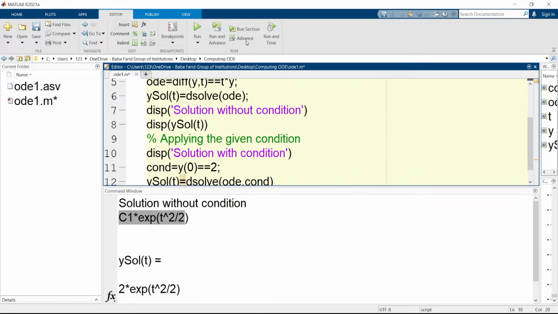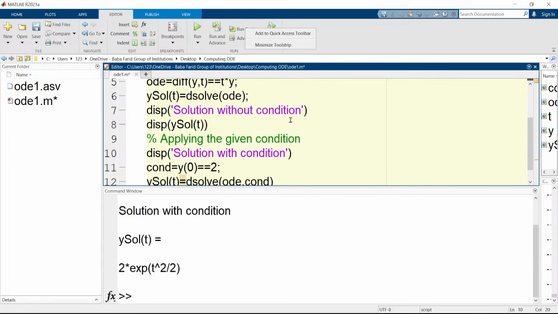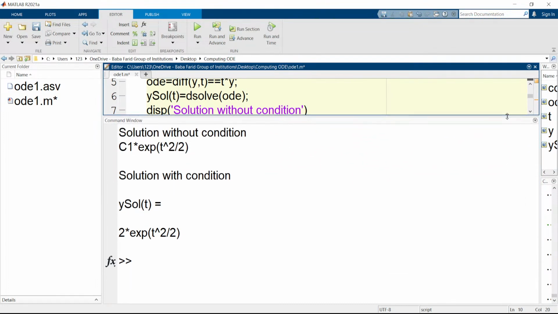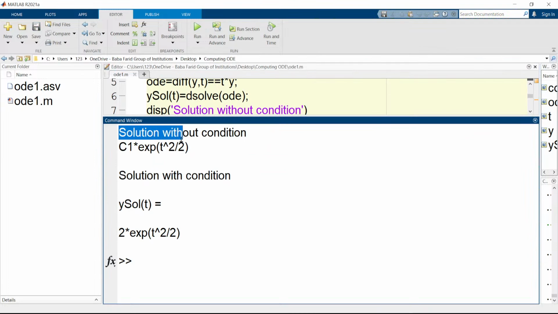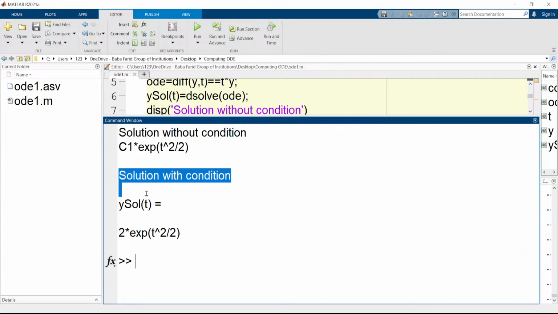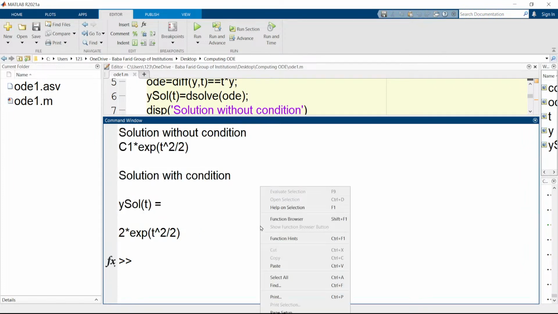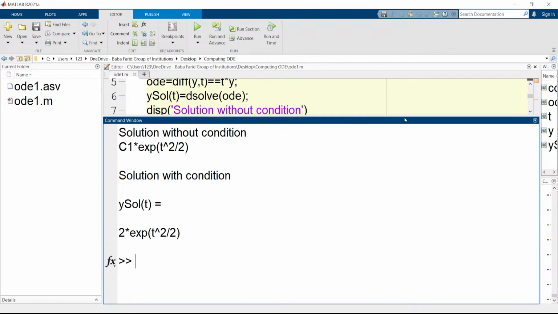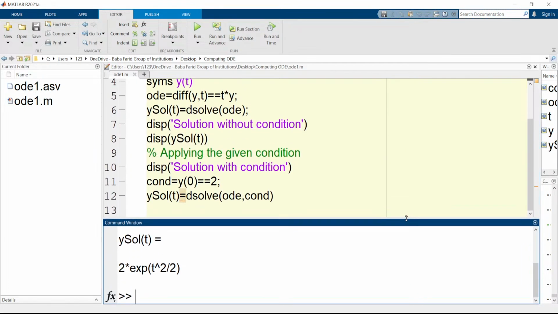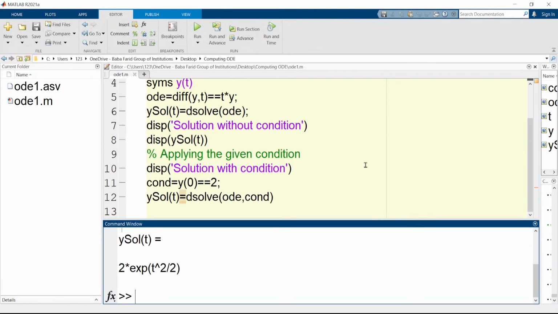Yes. So when you execute, you will see that both the solutions appear at their places. We have two solutions in the command window. This is the first solution, which is without condition. And then we have the second solution, which is with condition. So we can get both solutions by applying it in this way, with the condition or without the condition.